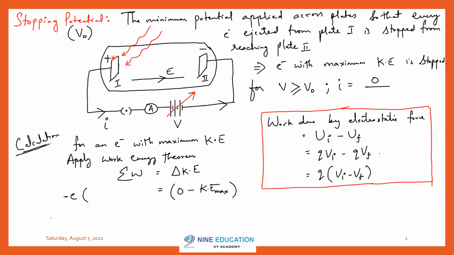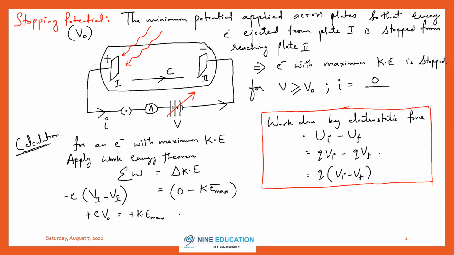This initial potential minus final potential: obviously, this is at greater potential and this is at smaller potential. So I can say initial potential V1 minus final potential V2, so I can write it as minus e into V. But I am finding the stopping potential, so I can write e into V naught. This is equal to minus kinetic energy max.